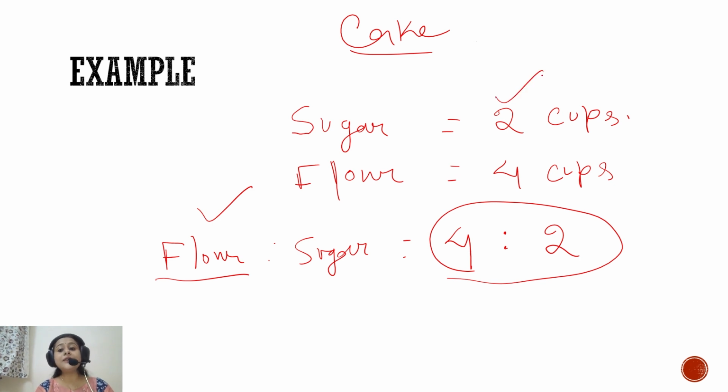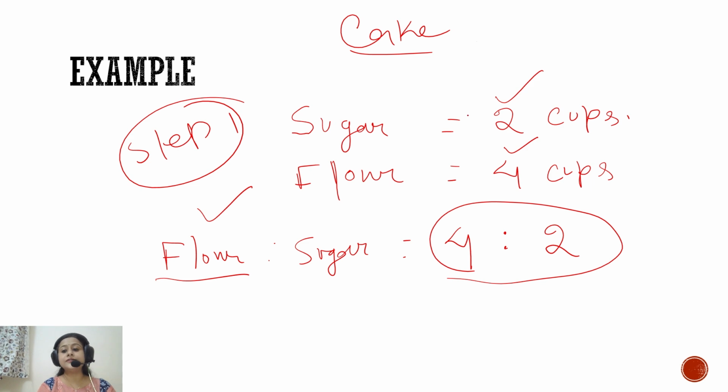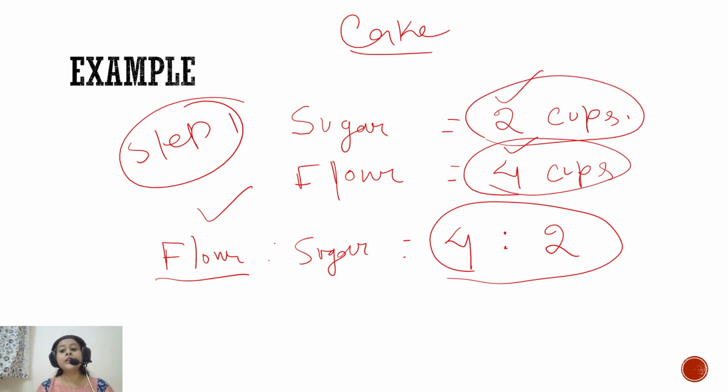So first, in step 1, I must have absolute quantities of sugar and flour, which are measured in the same units. You can see, if instead of 2 cups, I mention 20 spoons, then that will not make any sense. You cannot convert it into a ratio. So both the quantities must be in the same unit.